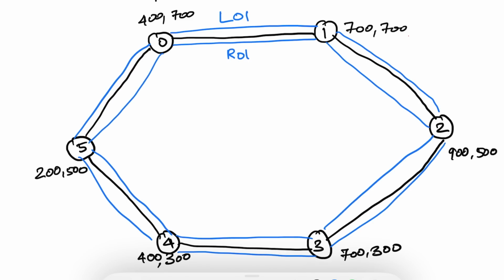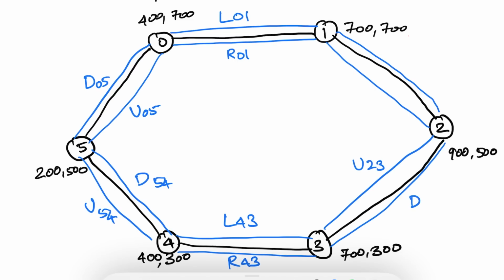Okay, so this I can do as D05 and U05, and this I can give D54 and U54. This will be L43 and R43, and this can be U23 and D23, this can be U12 and D12.